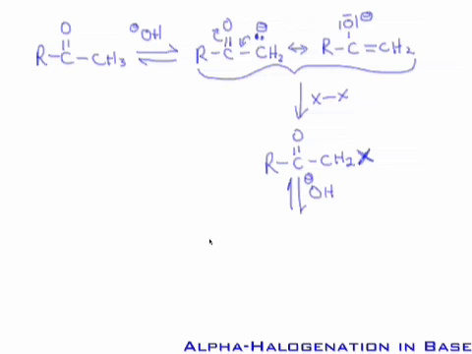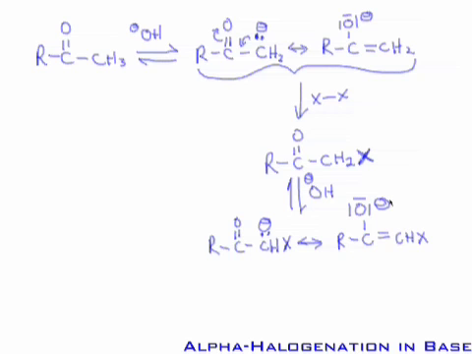In other words, the formation of this enolate is a little more stabilized than the previous one because of the electronegative X stabilizing the anion on deprotonation of the CH. The result is that subsequent alpha-halogenations are favored.